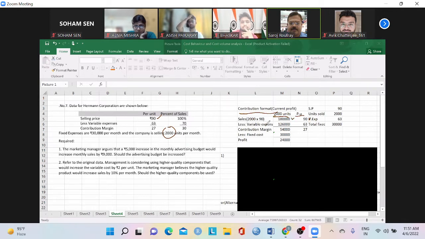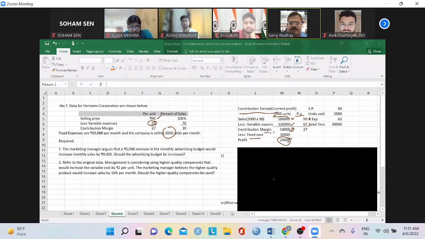Less variable expenses, 63 into 2,000. The contribution margin is 54,000. From the contribution margin of 54,000, you deduct fixed cost 30,000 and you get a profit of 24,000.